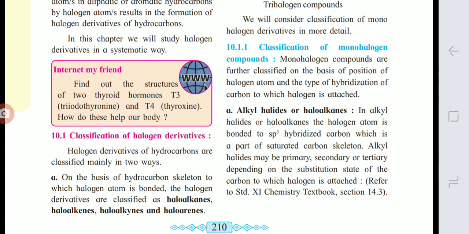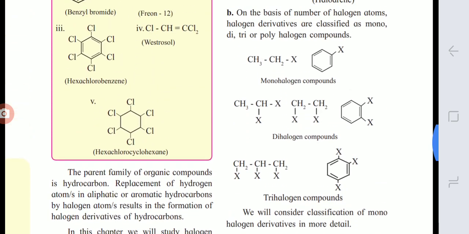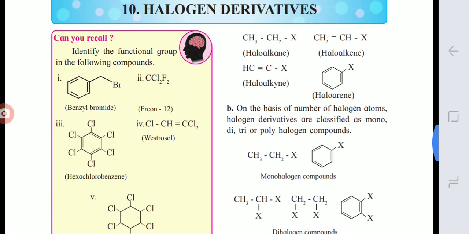If there is an aromatic ring in your compound, then it is haloarenes. Let us see, your parent compound is ethane, CH3CH3. If you replace one hydrogen from any carbon by a halogen, then the compound name is haloethane and the class is haloalkanes.